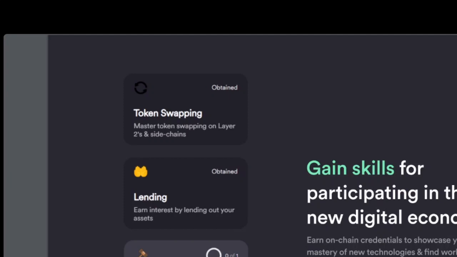So what that means is they can come to us and say, I want someone with this token swapping skill to use my platform. And the token swapping skill actually verifies that you've swapped on multiple networks with multiple platforms. So it could be Uniswap, SushiSwap, and Balancer, on Optimism and Polygon, for instance.